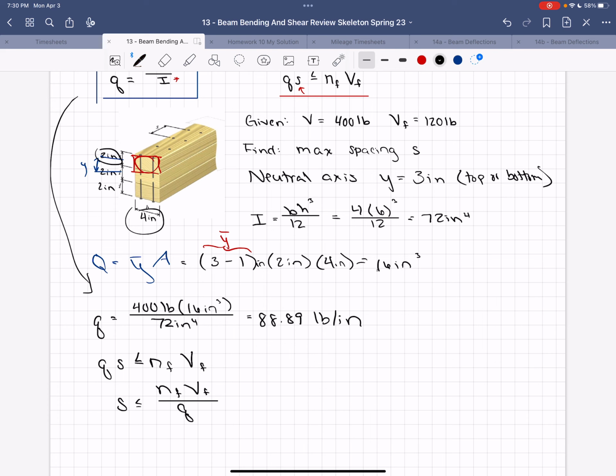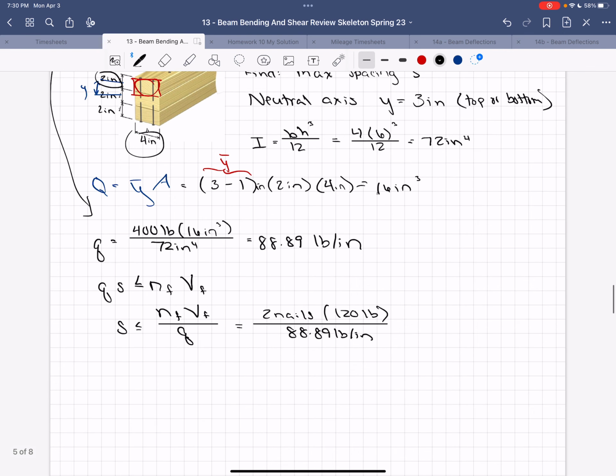So we have S, this is 2 nails times, they gave us shear force of a nail is 120 pounds, all divided by the q we calculated of 88.89 pounds per inch. And we get the spacing is less than or equal to 2.7 inches.